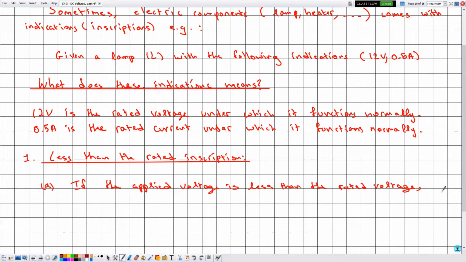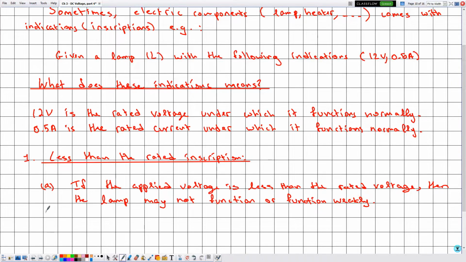Then in this case, the lamp may not function, or we can say it can function weakly. So if it functions, then it will function weakly.